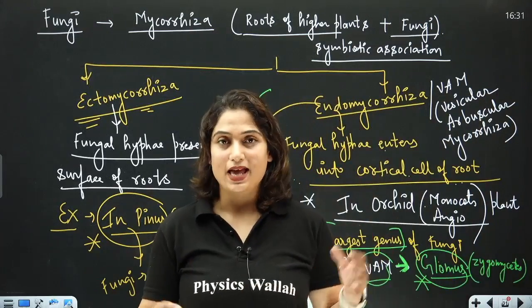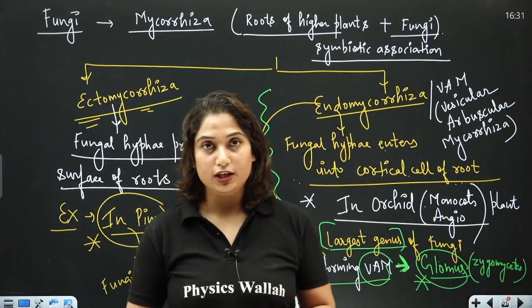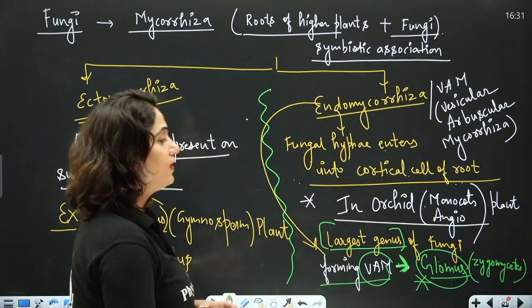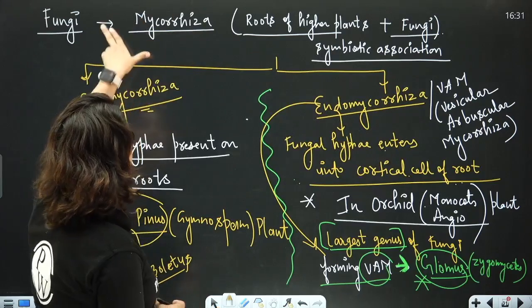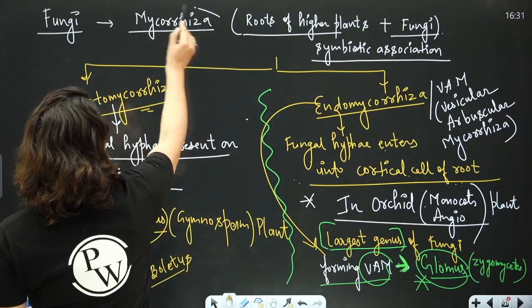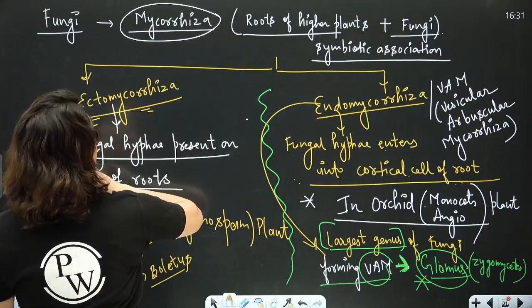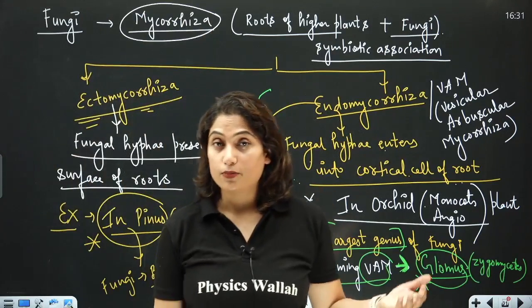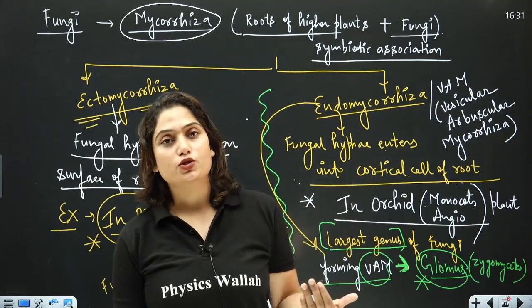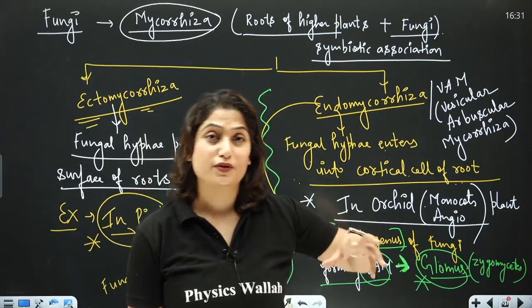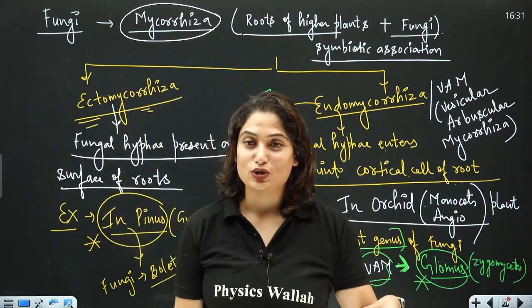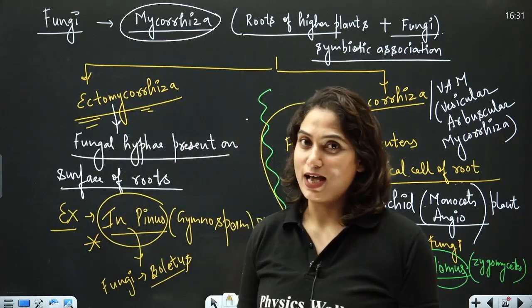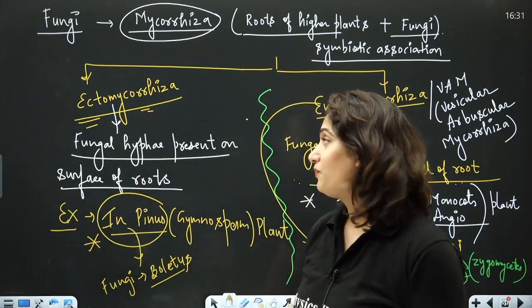How are fungi helpful in increasing the fertility of soil? You know that fungi form a very important association called mycorrhiza, right? What is mycorrhiza? When roots of higher plants like gymnosperms and angiosperms get combined with fungi, that symbiotic association is called mycorrhiza.